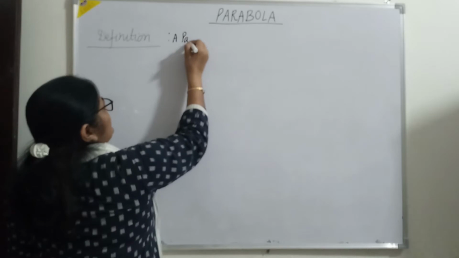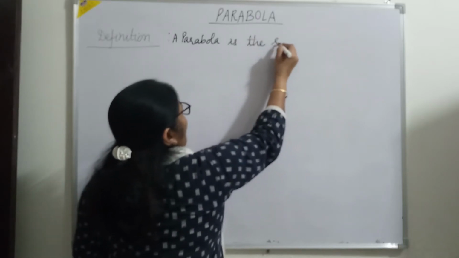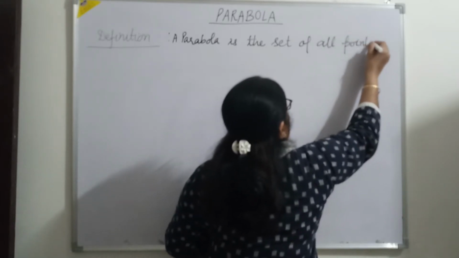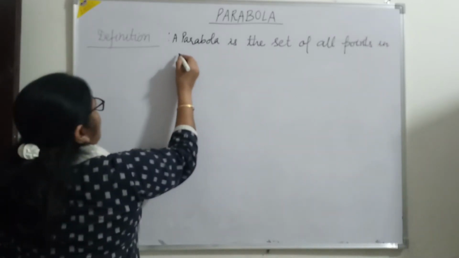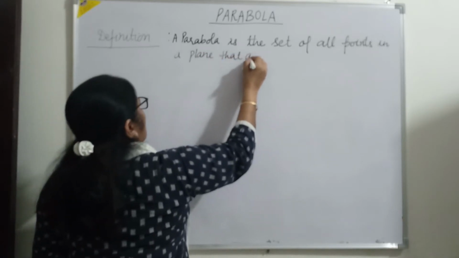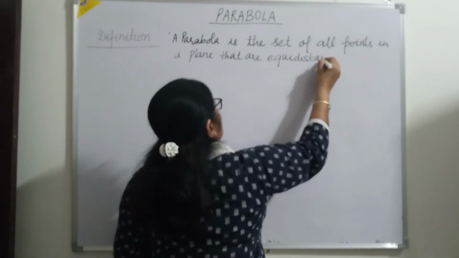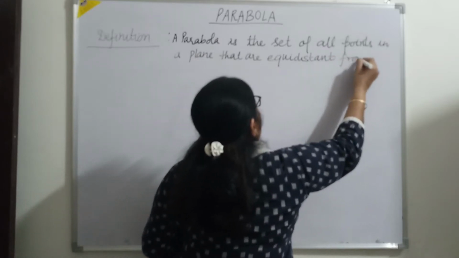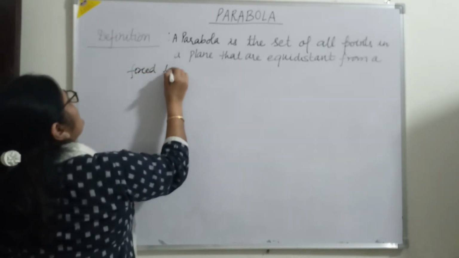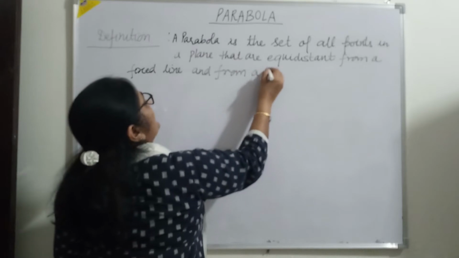A parabola is the set of all points in a plane that are equidistant from a fixed line and from a fixed point.